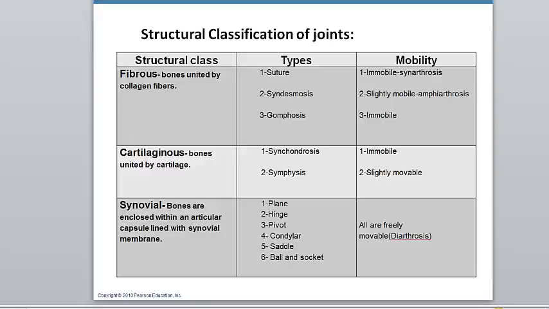It actually has a space between the bones and it is encapsulated with an articular capsule, and within it has fluid for free movability in that joint itself. Under these synovial joints, you have plane, hinge, pivot, condylar, saddle, and ball and socket joints. Okay, so these are all the classifications that you need to know. We're going to start off with the fibrous joint subclass, which will be the sutures first.